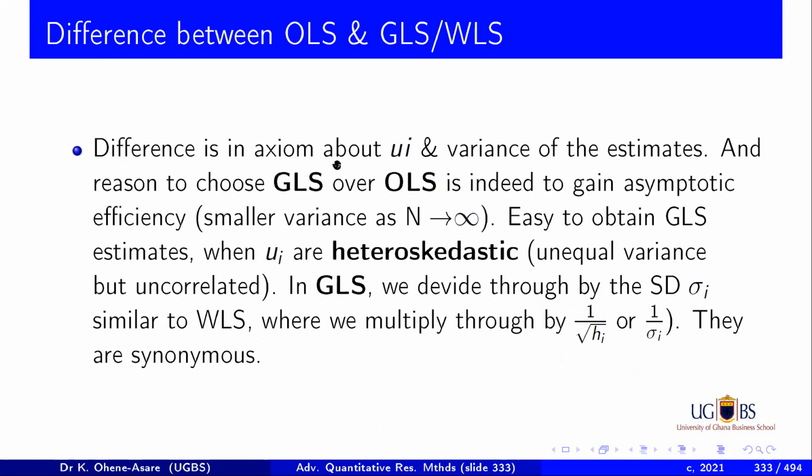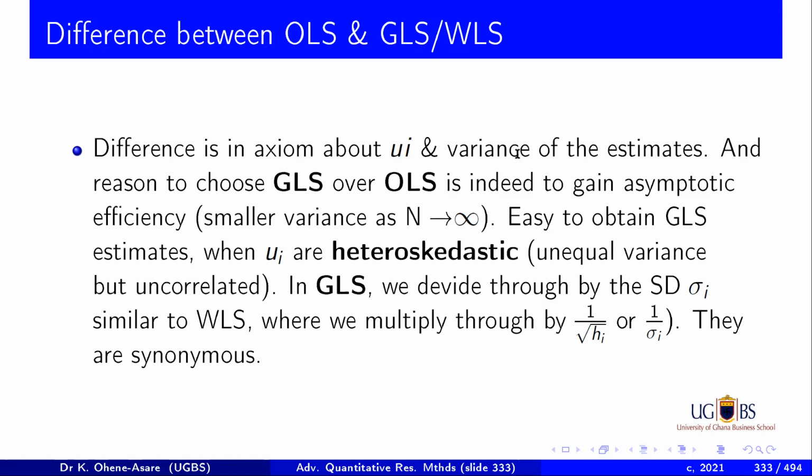Sometimes people get a little bit confused about the difference between GLS and OLS and certain things like that. Well, the difference has to do with assumptions. Assumptions about the error term, assumptions about the variance of the estimate.